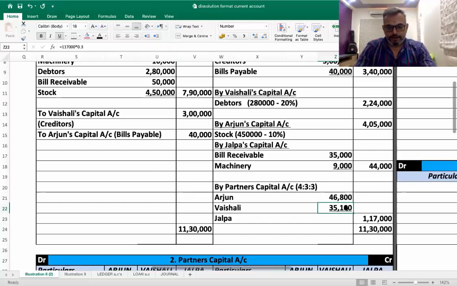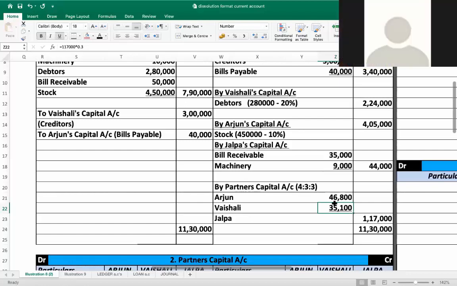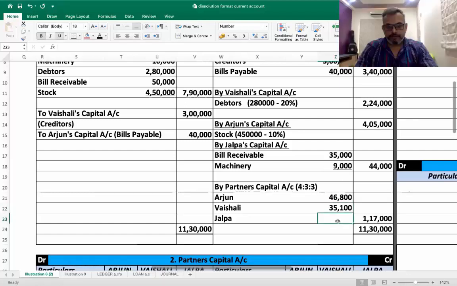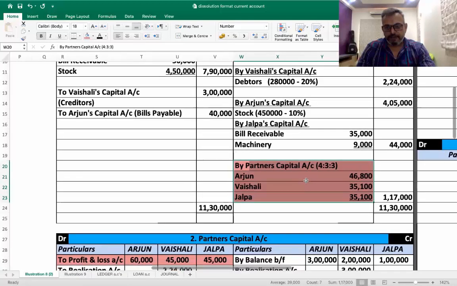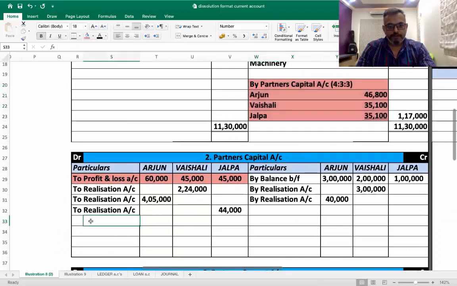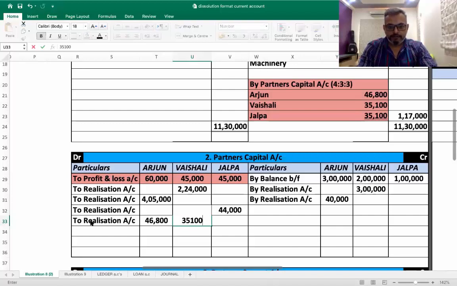So 35,100 and again 35,100. Transfer it please. This is the loss because debit side is more than credit side. Transfer it to realization account: 46,800, 35,100, 35,100.